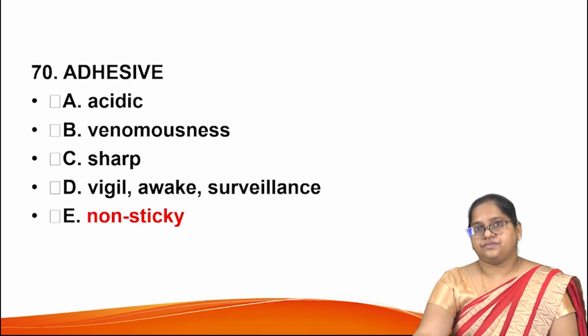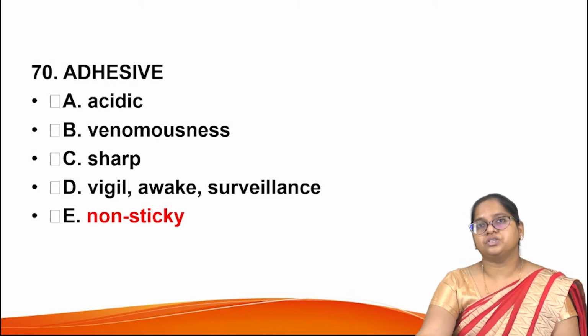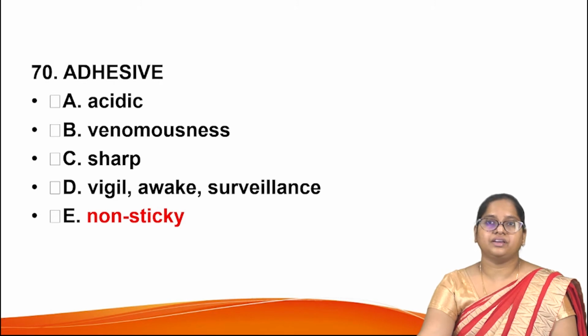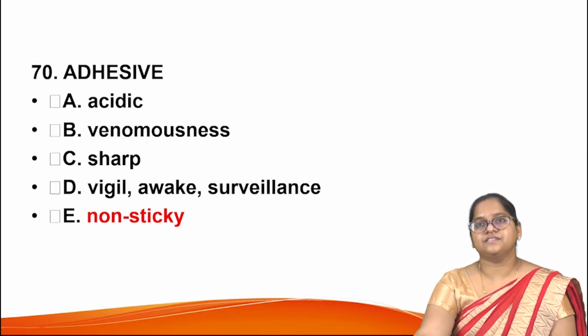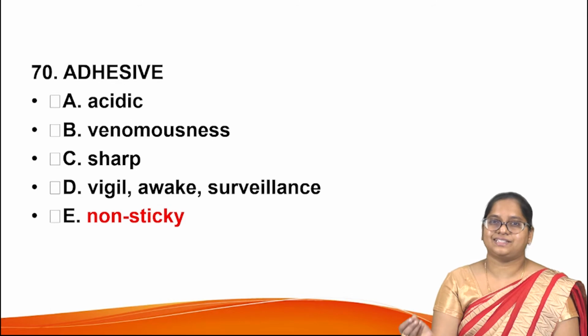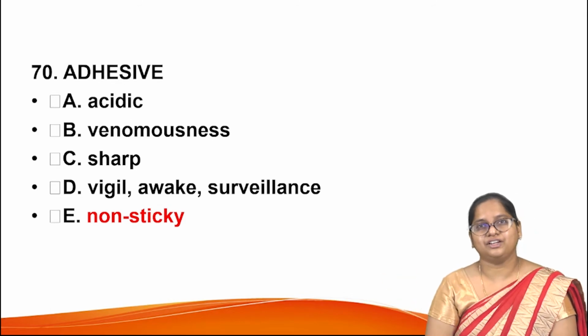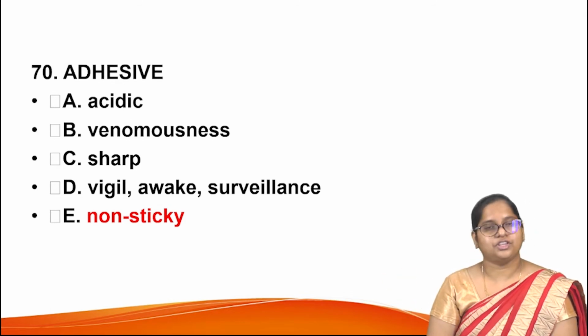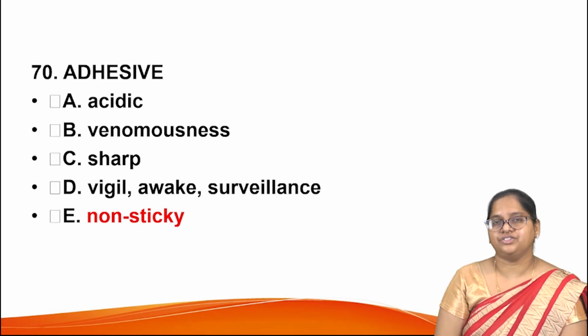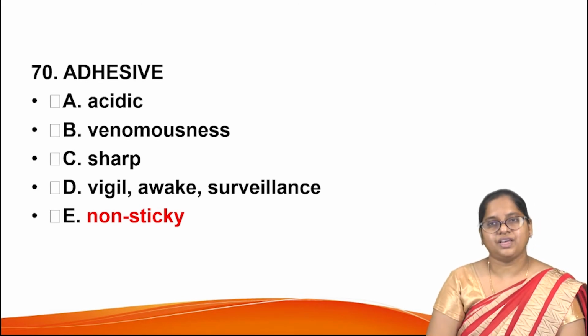Next, adhesive. The options given: acidic, venomousness, sharp, vigil or awake, non-sticky. Adhesive means something which is very sticky, so the option is very clear. Acidic has nothing to do with acid.